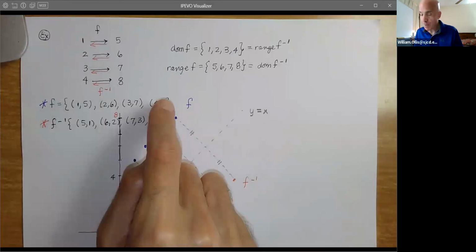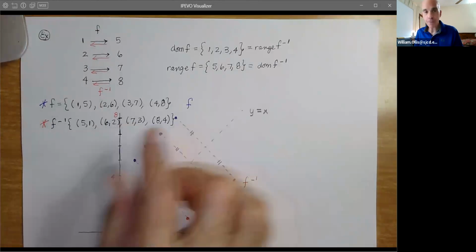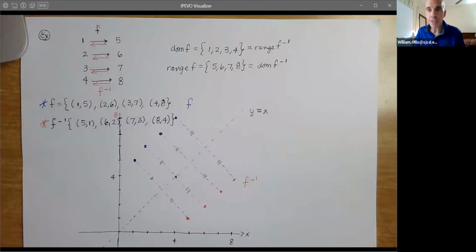If I know F and it's 1-to-1, I can write F inverse. Now, if I have an equation, I may be able to show that it's 1-to-1, but it might be kind of difficult to actually write the actual formula. Sometimes it's hard to come up with a closed formula for an inverse function.